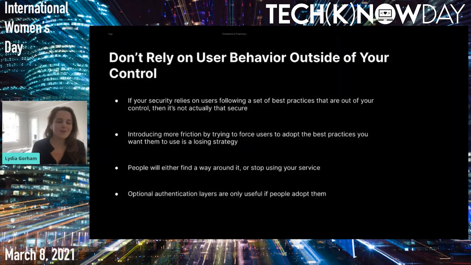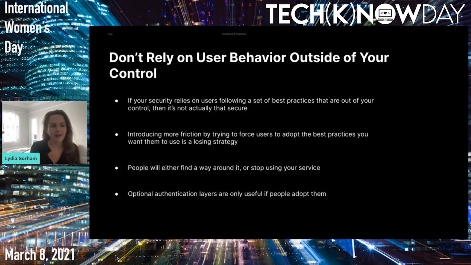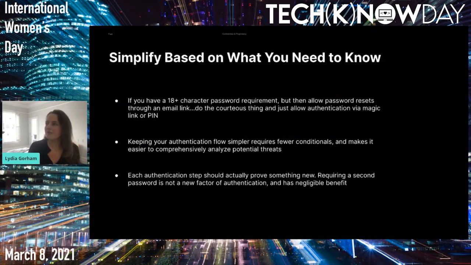So optional authentication layers are only useful if people actually adopt them. Don't trick yourself into thinking you are super secure because you offer a service. Look at how many users are actually using it and using it correctly before making that assessment. So simplify based on what you need to know.